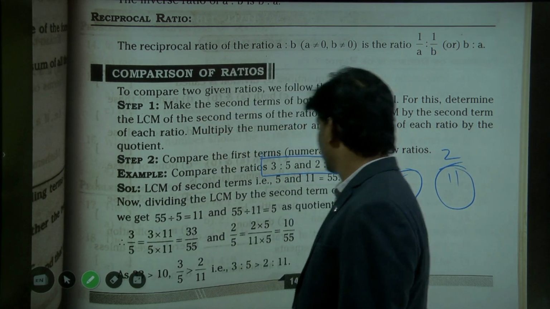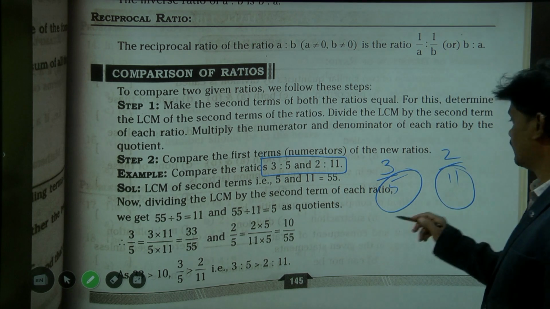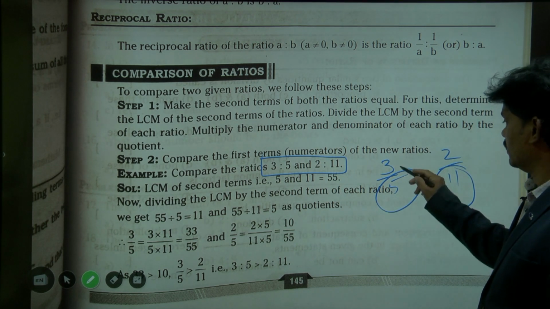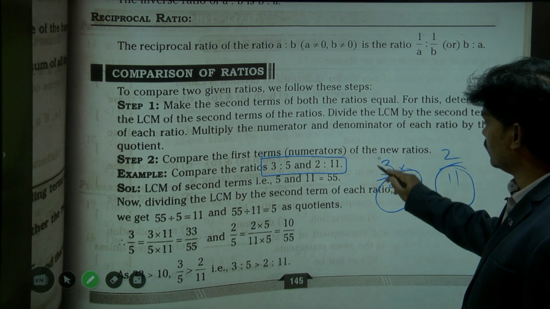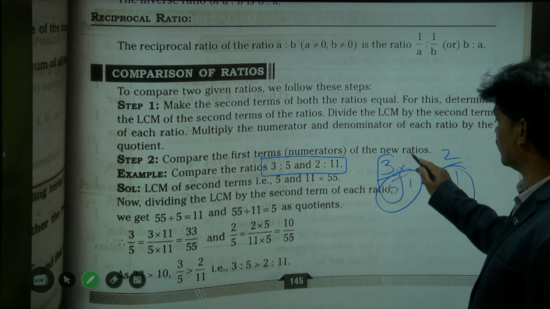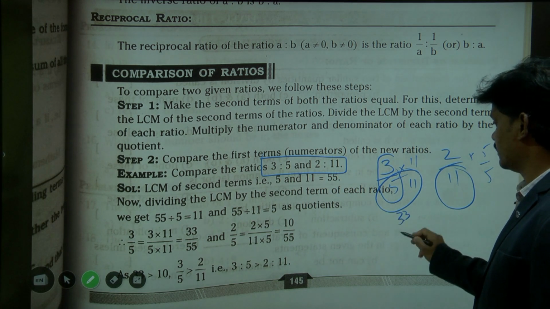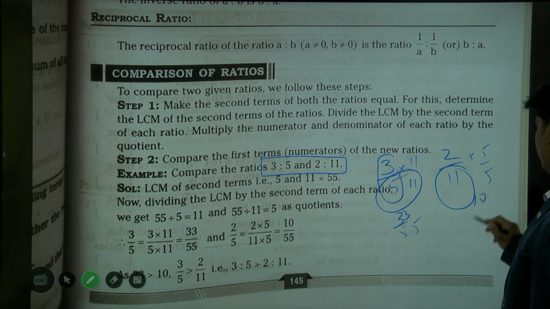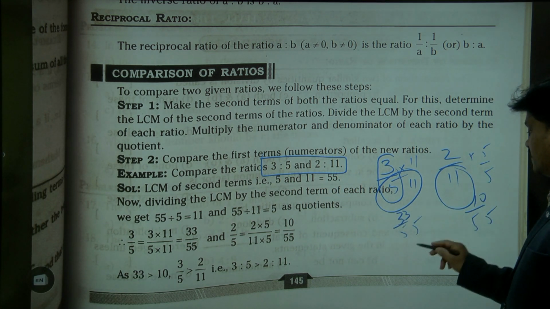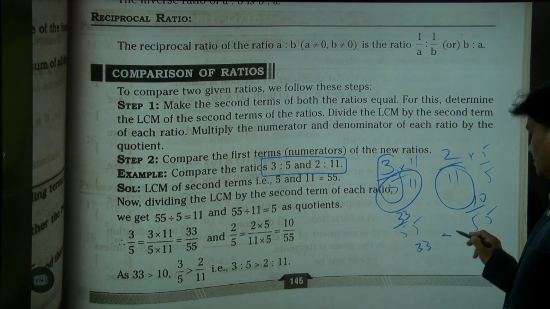Okay. So the LCM of 5 and 11 is 55. Convert the denominators into 55: multiply by 11 by 11 and 5 by 5. We will get 33 by 55 and 10 by 55. Now 33 is the bigger number, greater than 10.